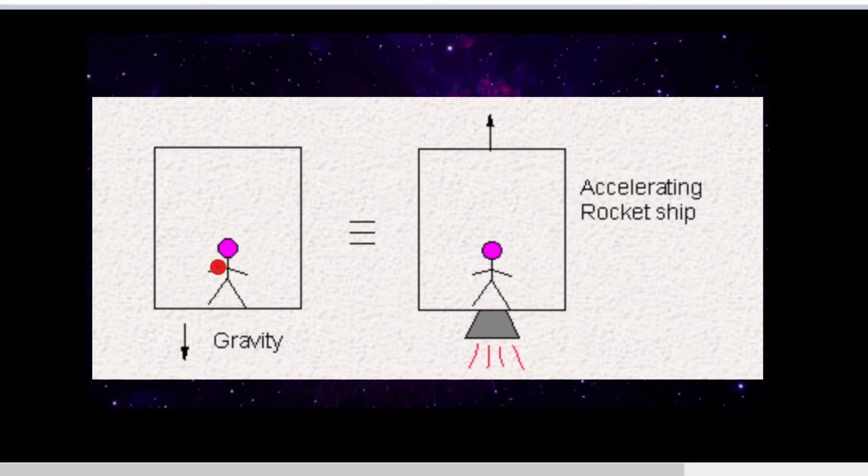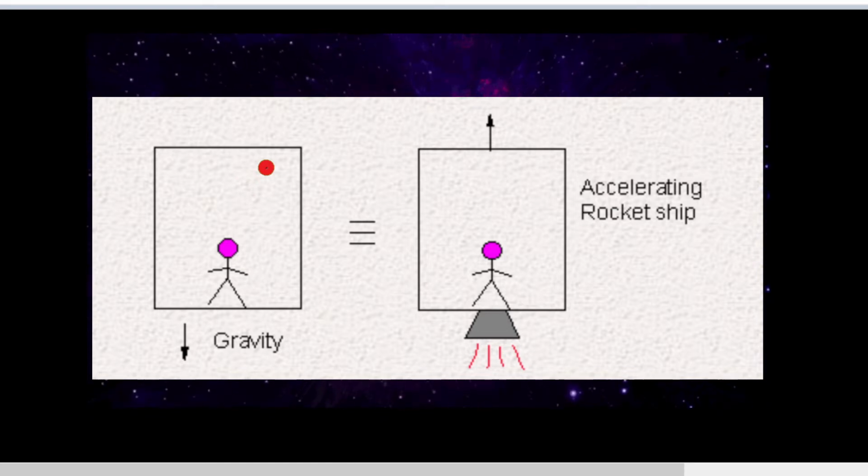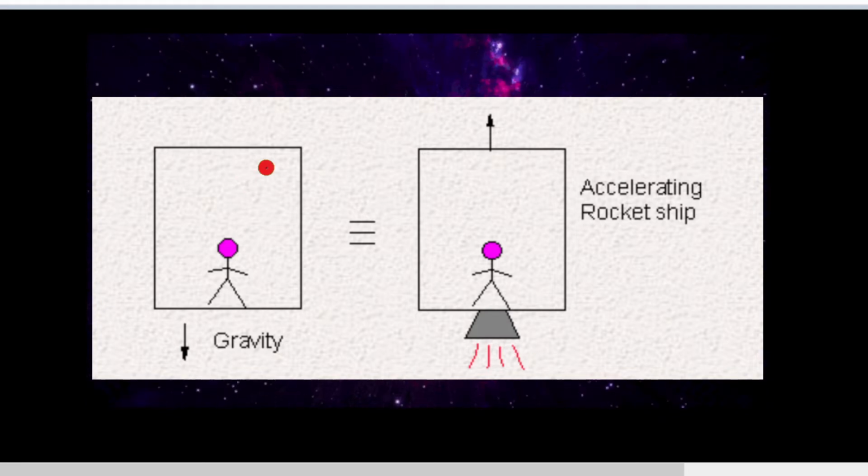On the other hand, if you are on the surface of the Earth enclosed within the same box, then because the value of g varies according to the height above the Earth, the value of g at the surface, right here, will be ever so slightly greater than the value of g at the top of the box you are within. Thus, there will be a slight difference in the value of g in this situation, of you being within an enclosed box on the surface of the Earth.